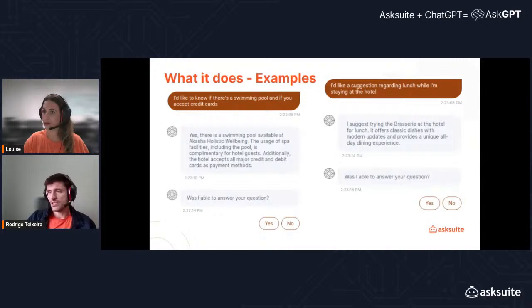Then AskGPT suggested one of the hotel restaurants. So if you, as a hotel manager, are not satisfied with this response, soon we will show you how to correct the AskGPT algorithm. But in both examples here, you can see how it works and how accurate the responses are.